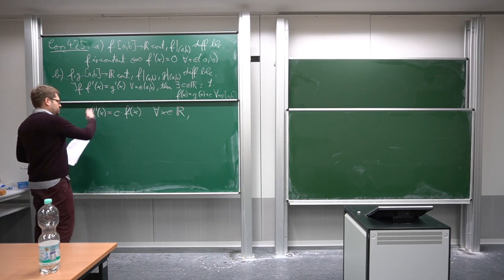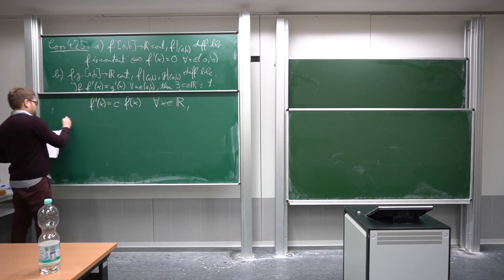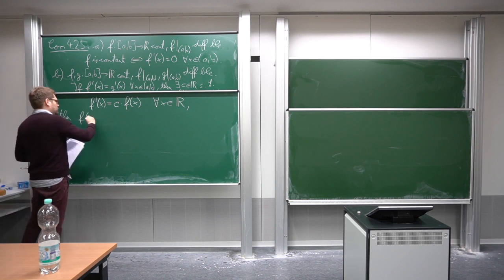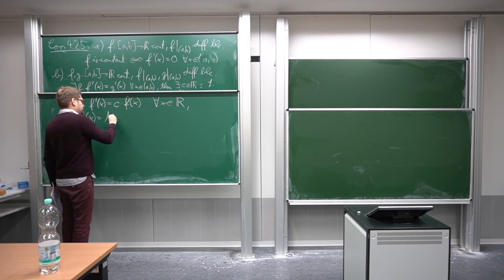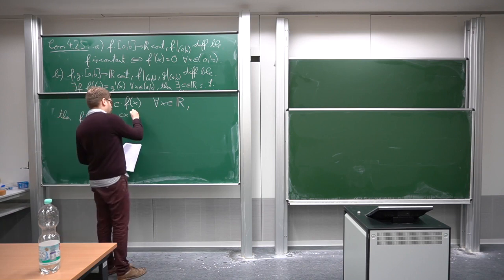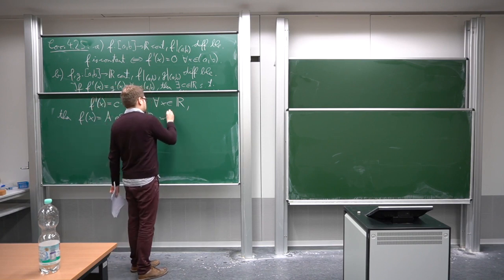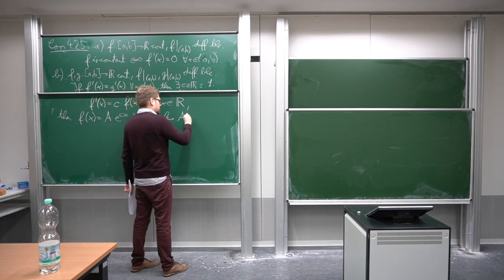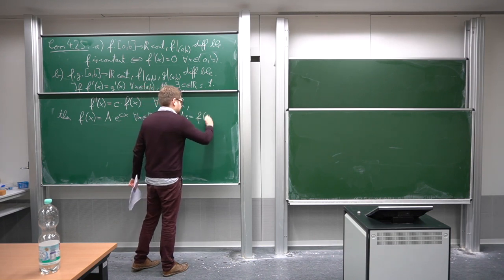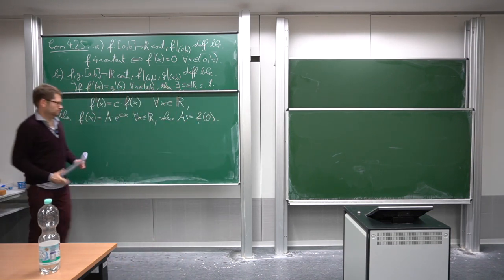Namely, if this property here is satisfied, then it turns out that f of x is of the following form. f of x is a times e to the power of c times x for all x in R. And this constant a is simply f at the point 0.